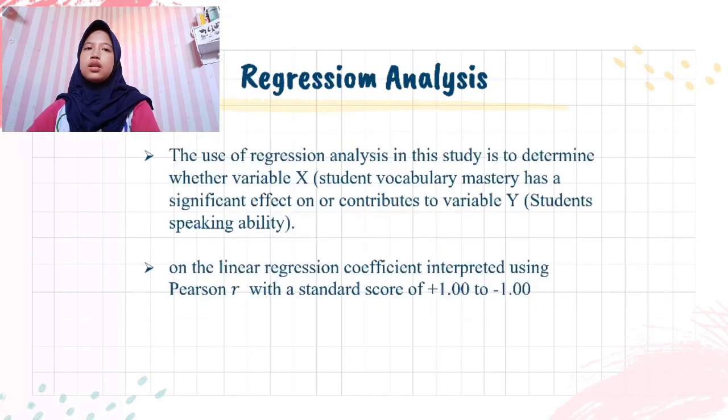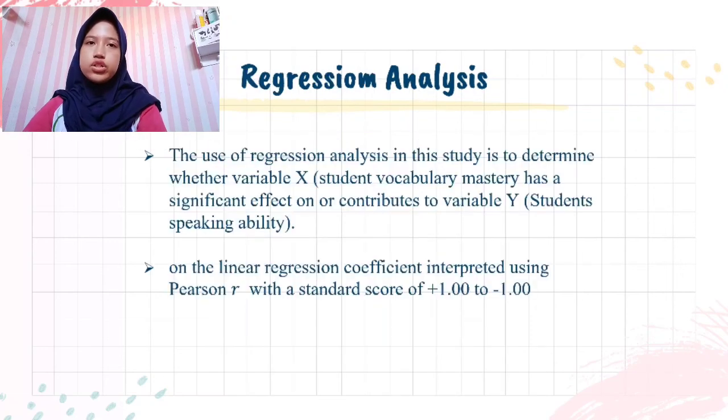Next, and the last analysis, is the regression analysis. The regression analysis is used to determine whether the independent variable, students' vocabulary mastery, has a significant effect on or contributes to the dependent variable, students' speaking English ability.